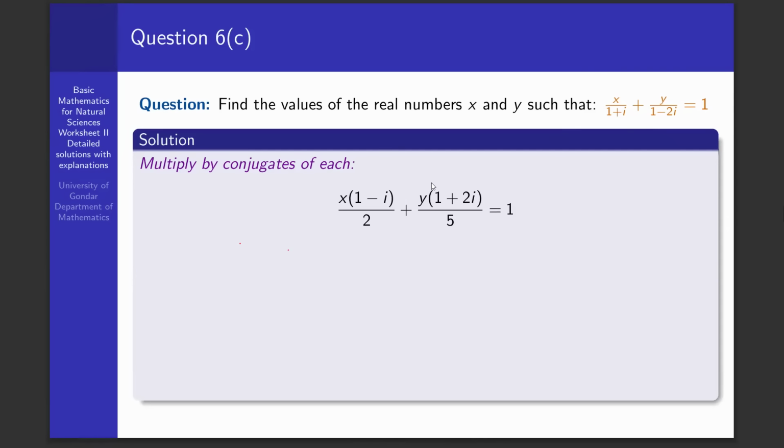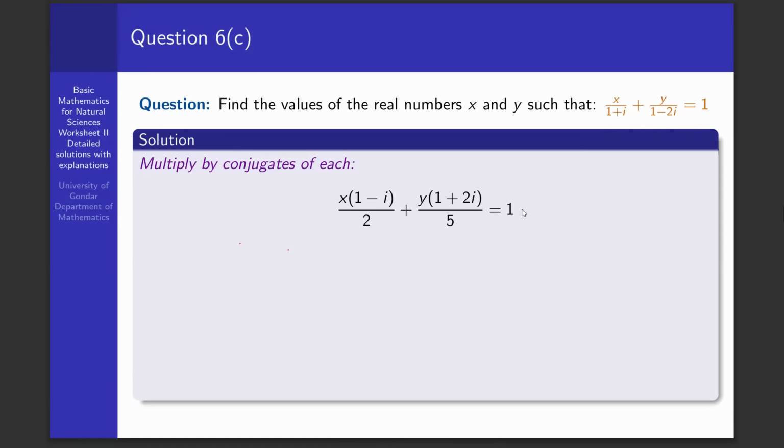So that becomes x times 1 minus i over 2, because the product of this number and its conjugate is 2. Similarly, for the next one, we have y times 1 plus 2i over 5. This 5 is obtained by taking the square of the real part plus the square of the imaginary part of this complex number, which is 1 plus 4, that is 5, is equal to 1.